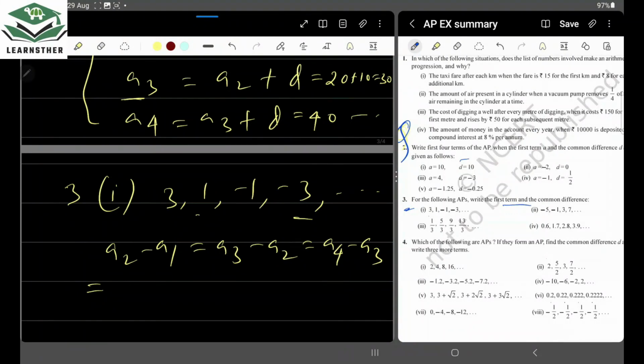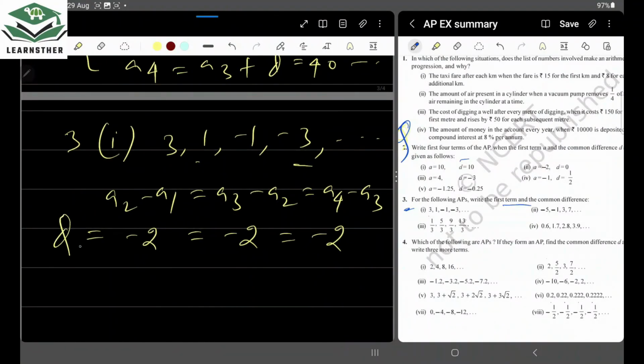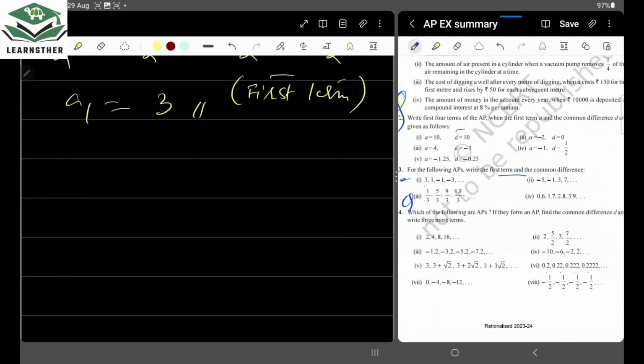This all becomes 1 minus 3, 2 minus 1, 1 minus 2, 3. This will become plus 1 minus 2. So common difference is minus 2. Write the first term. First term is this one, which is at the leftmost side. Okay. First term is your 3.